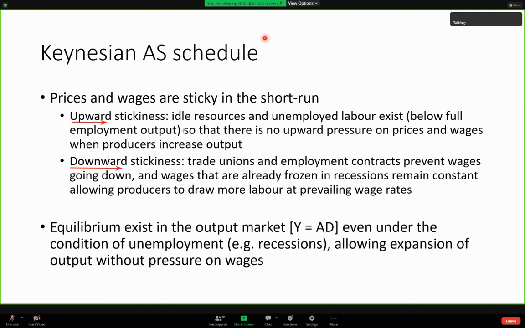They remained constant, allowing producers to draw more labor at the prevailing wage rate. So now the economy is recovering, but still wages have not yet gone up. It's an incentive for employers to hire people at the prevailing wage rate.